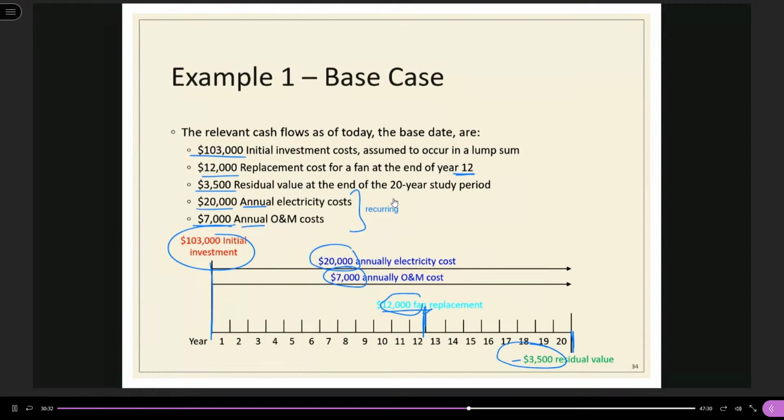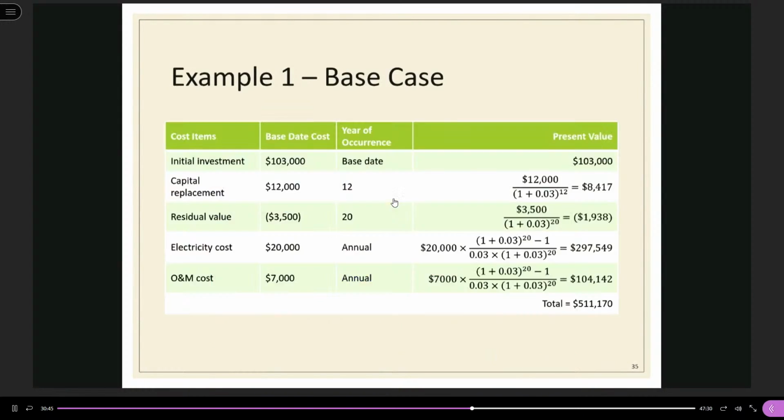So these are all the costs, and we have identified at which year or which item is recurring. Okay, so we put them into the equations.